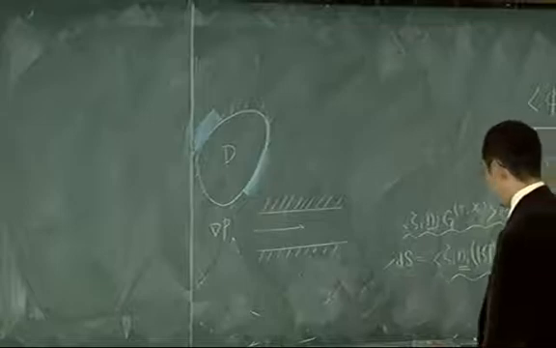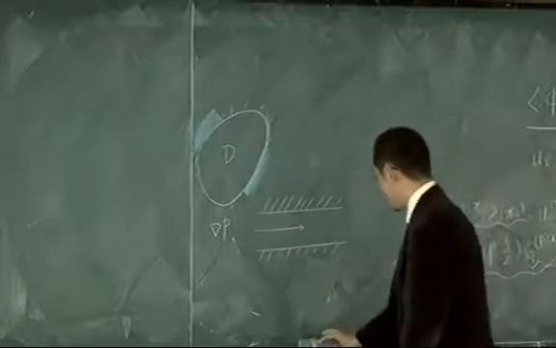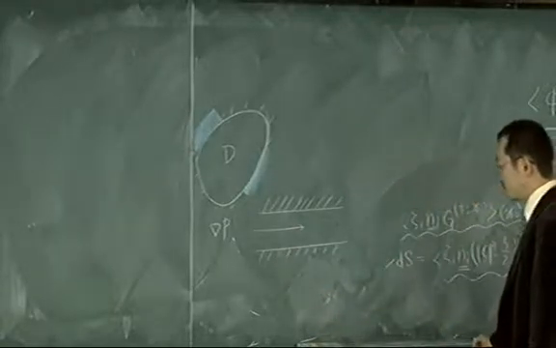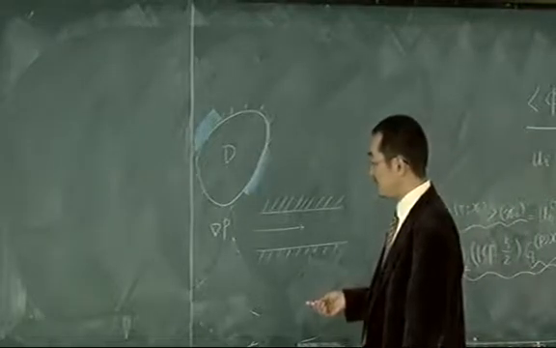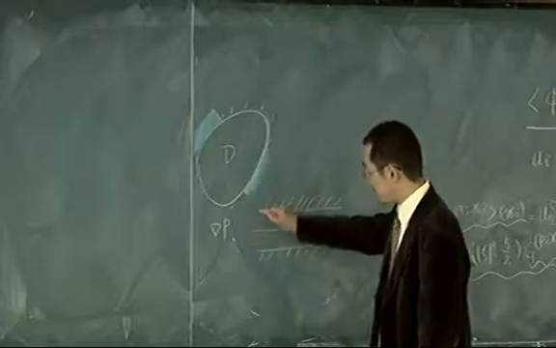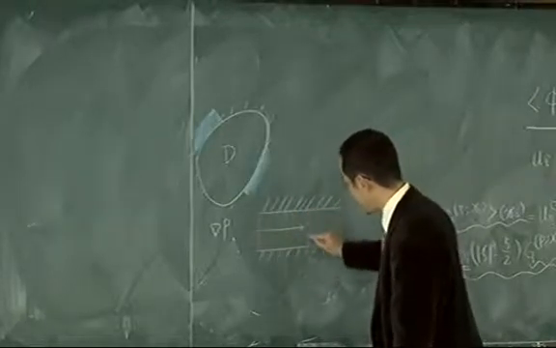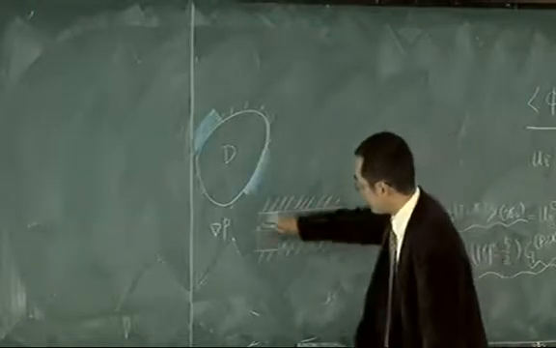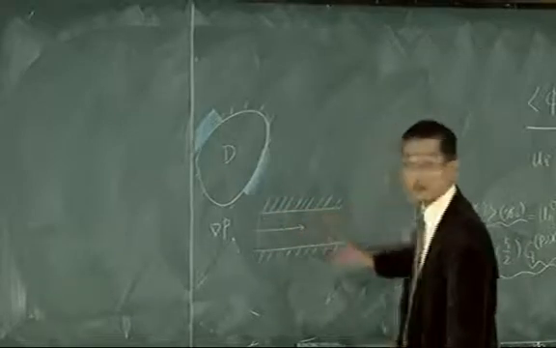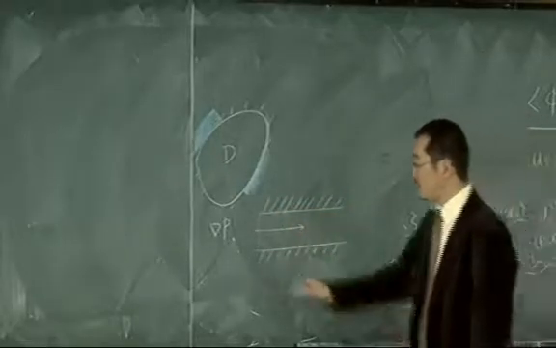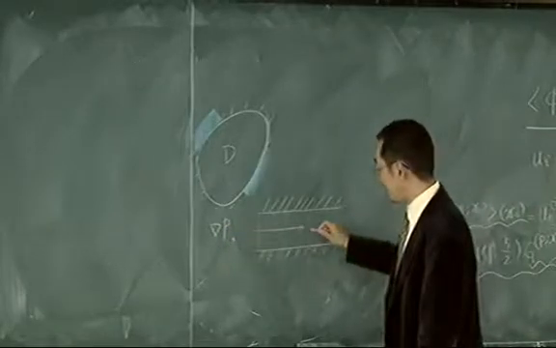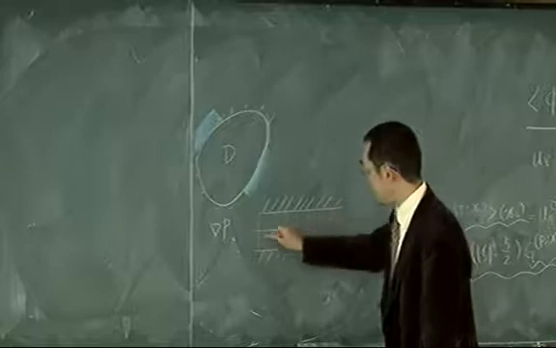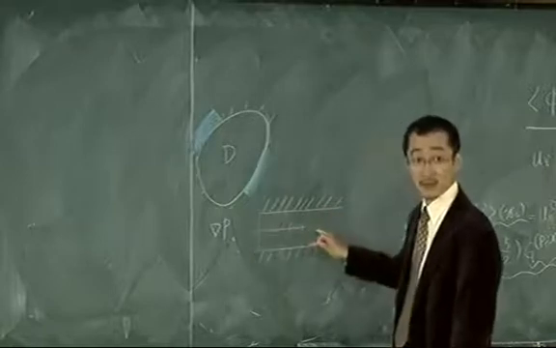To do that, for example, the numerical people quite often do the simulation like this. You consider some square domain, and to represent the pressure, you use, in some sense, periodic boundary condition here.